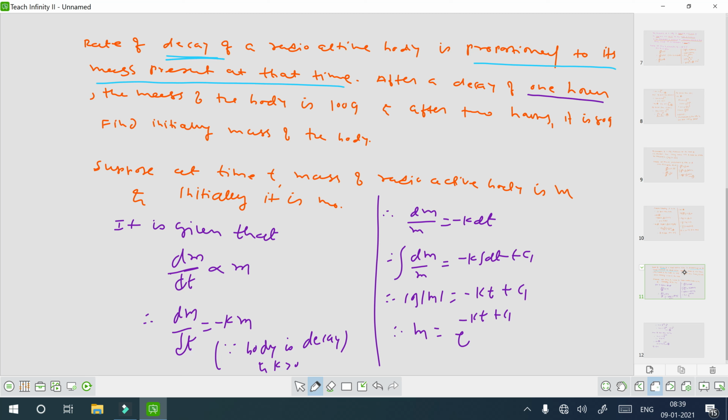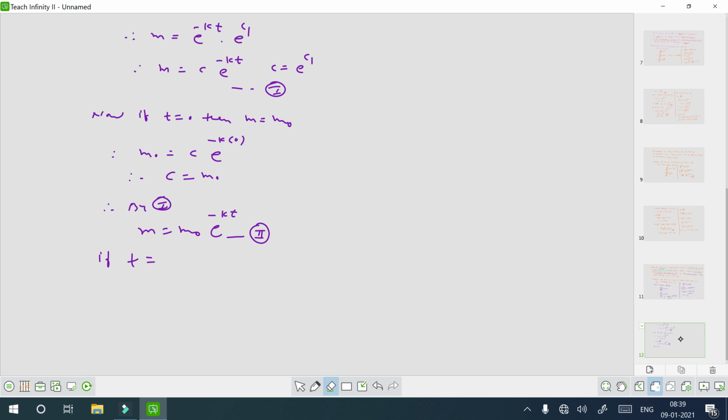Now see the question. After decay of 1 hour, its mass is 100 gram. And after 2 hours, it was 80 gram. That means if t is equal to 1, then m is equal to 100. So 100 is equal to m0 e raised to minus k. Say result number 3.